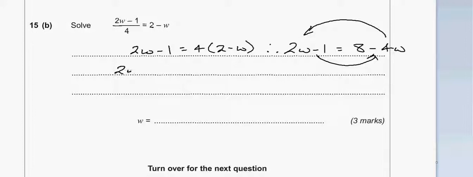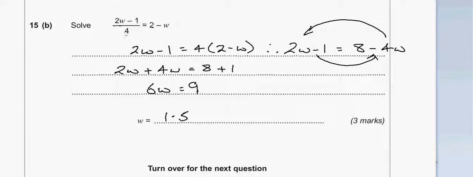So 2w plus 4w equals 8 plus 1. Now it's just a question of simplifying. So 6w equals 9, and I know 6 goes into 9 1.5 times. It really is that simple.